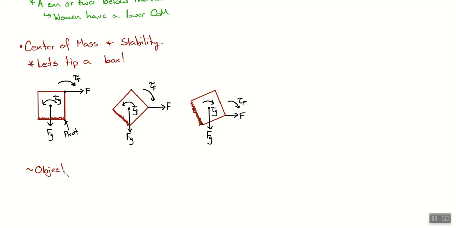Objects are stable until, and that's an important part, until our center of mass no longer hits the base.